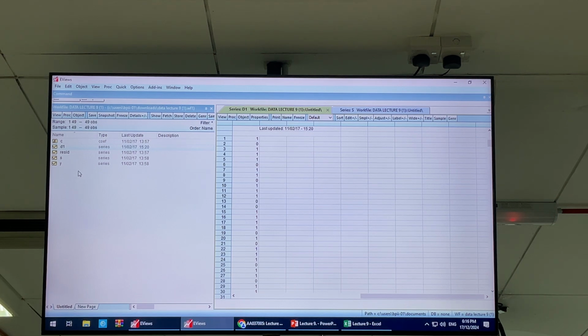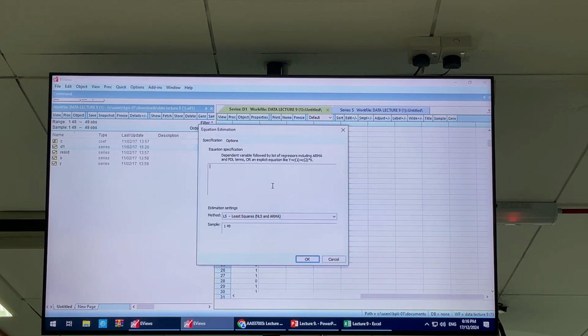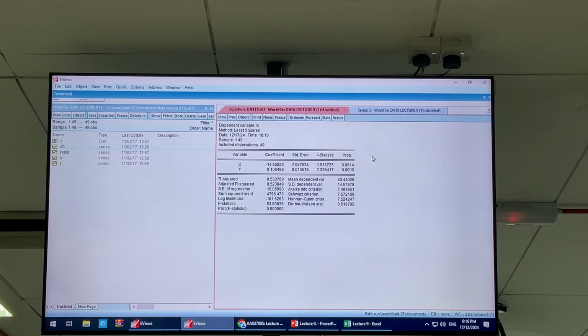So this one, the first option, we just estimate the model without taking into account that observations belong to different categories. We just assume they behave the same, so we estimate as usual. So S space C space Y. So we have these.